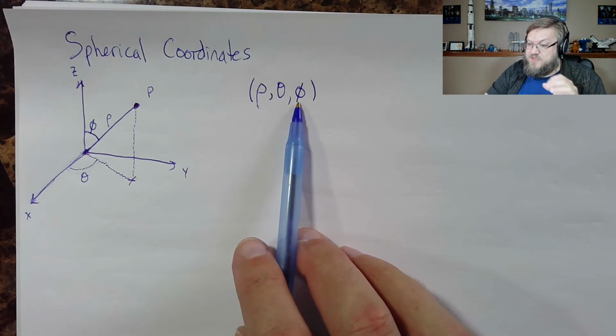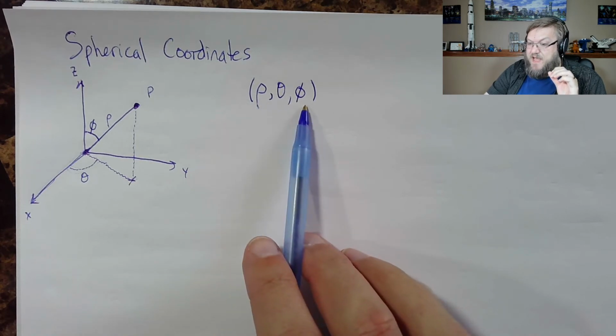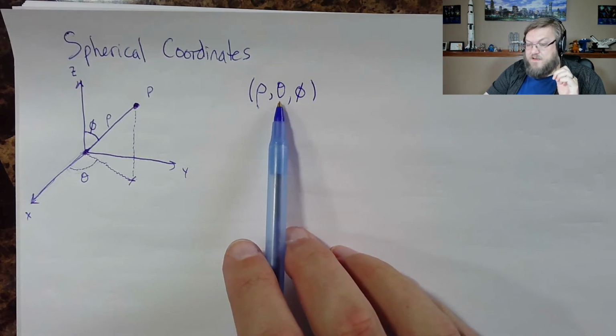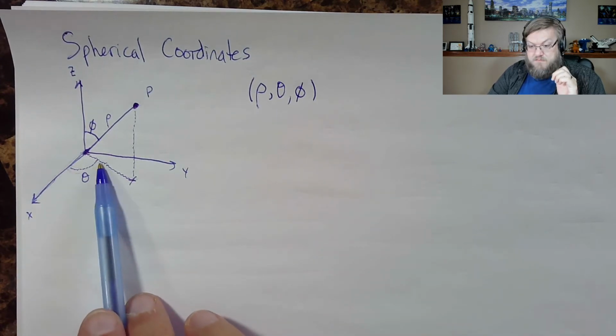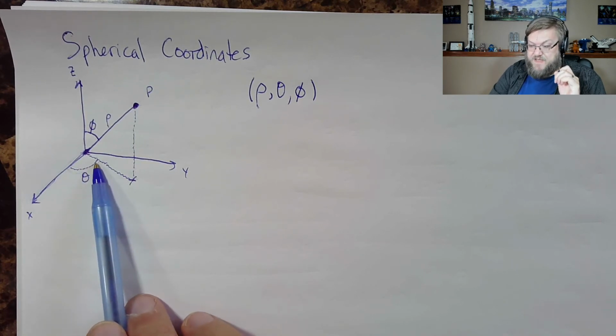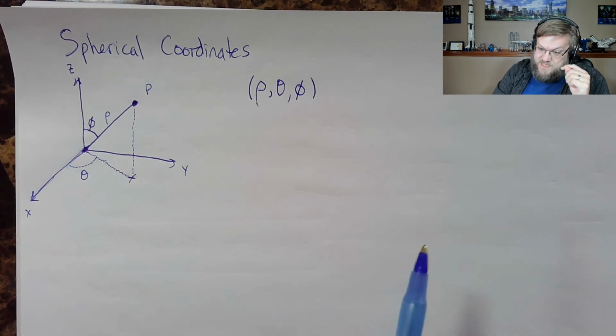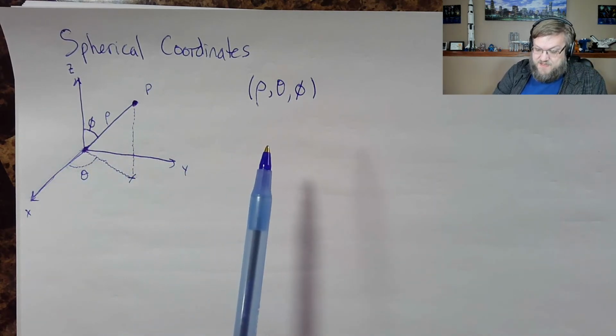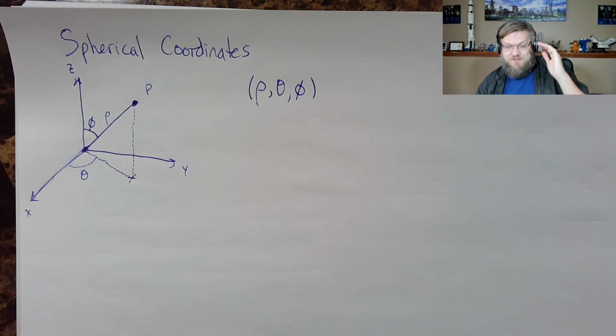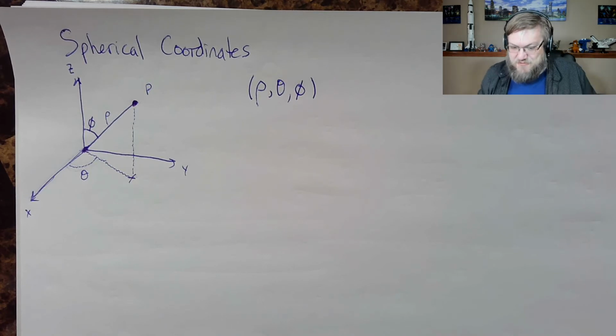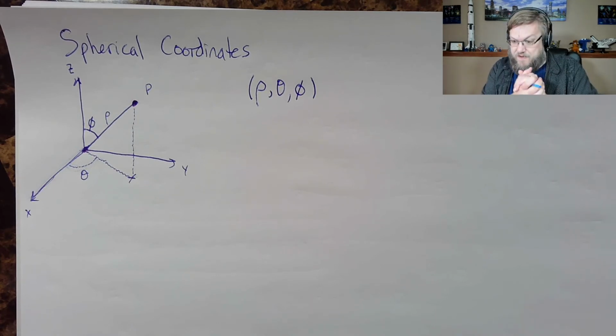I think more modern books have settled on this, the idea being that they like theta being the same theta from polar. Some books, though, will call that phi, and some books will call this theta, yeah? I was reading an orbital mechanics book the other day, and they have it swapped. I've been teaching it this way for so long, every time I saw it, I'm like, wait a minute. So you want to make sure when you're looking at other resources that you're very clear on how they describe spherical coordinates, okay?